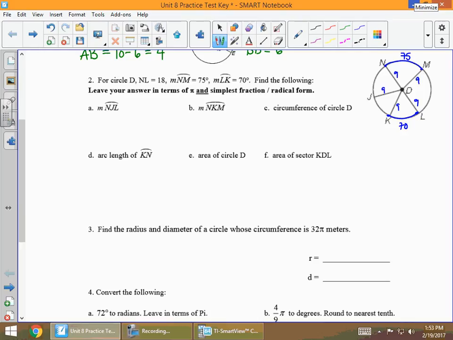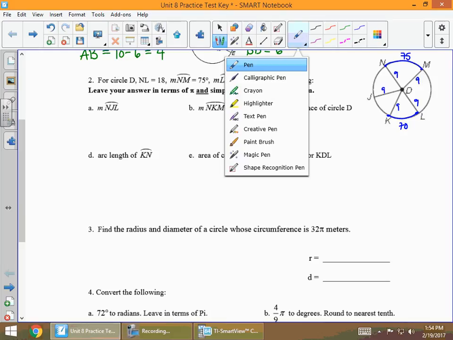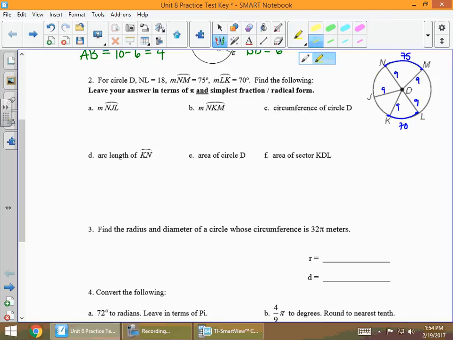Okay. So let's take a look over here at letter A. It says find the measure of arc NJL. NJL. Let me highlight this. NJL means that arc over there.